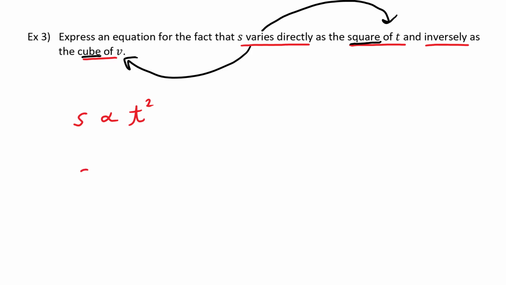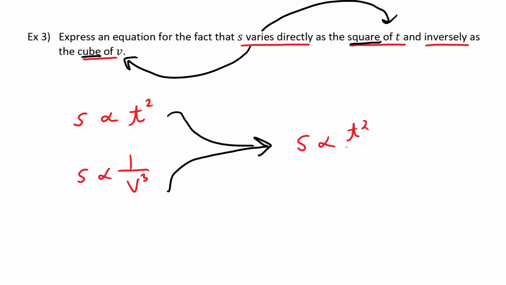And I have s varying inversely with v, but not just v cubed. Just like before, combine these together into one equation. S is proportional to t squared over v cubed. Finally, replace our proportionality symbol with our equals k, our constant of proportionality. S is equal to k t squared over v cubed.